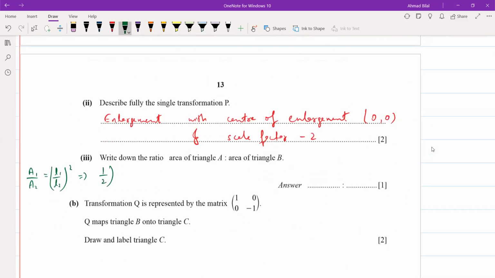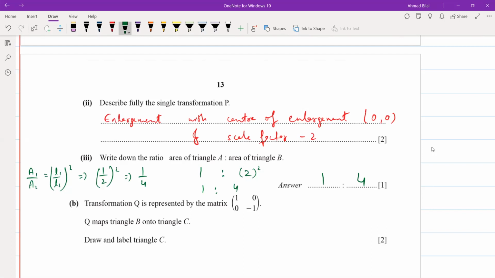We say 1 over 2 का whole square. That gives us 1 over 4. So basically, area of triangle A अगर 1 है, तो area of triangle B कितना आएगा? That will be 4. And also write it like this. You can say 1 ratio 2 का square, which is 1 ratio 4 then. ठीक है, so it turns out to be 1:4 using similar figures.